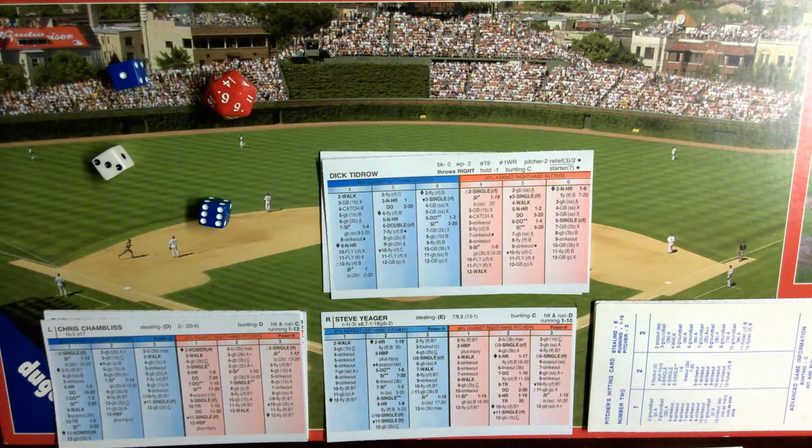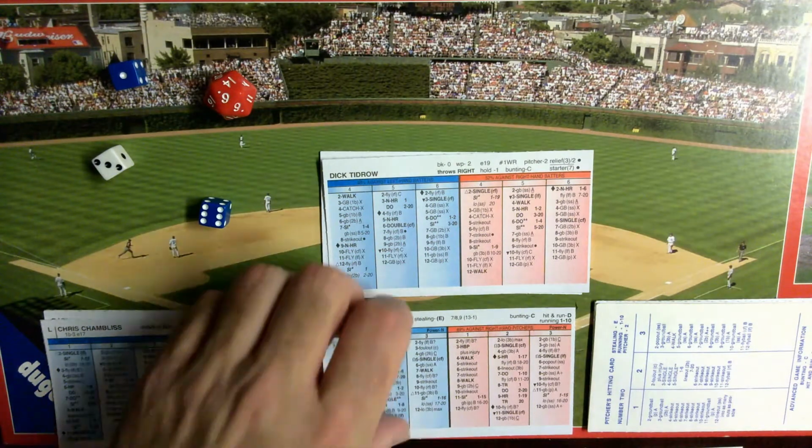So that's a 6 and a 10. A 2 and a 6 is a G2 hash. We ignore the hash. And then we have a 6 and a 10. It's no effect, so that's a ground out 4-3. So Yeager's retired for the first out of the inning.